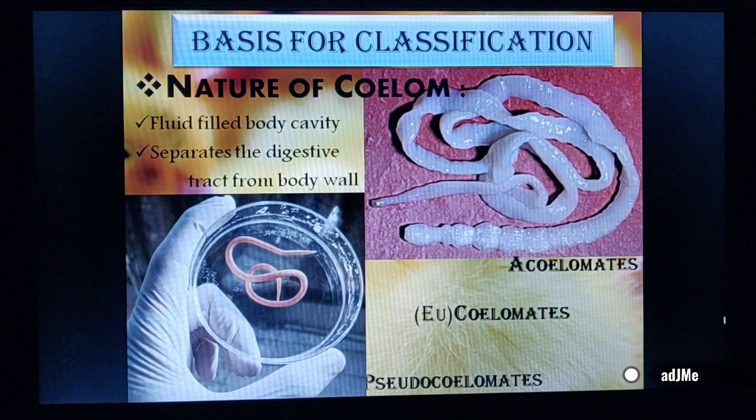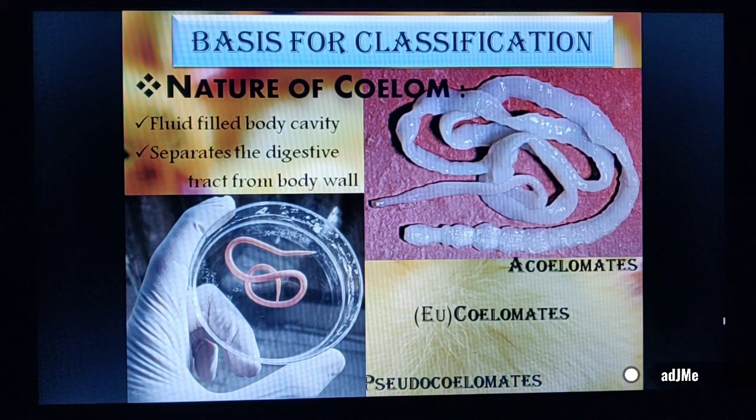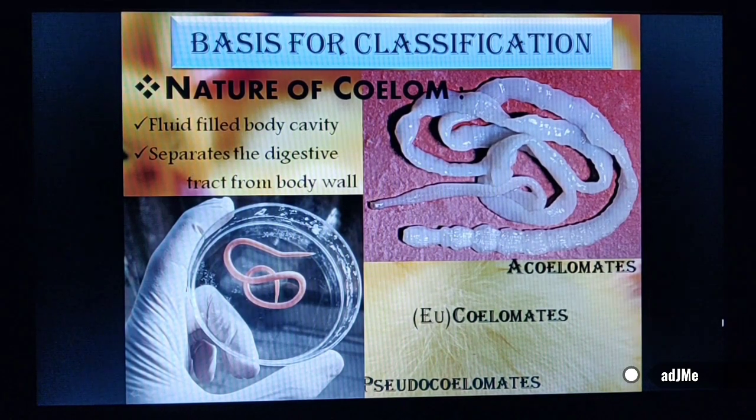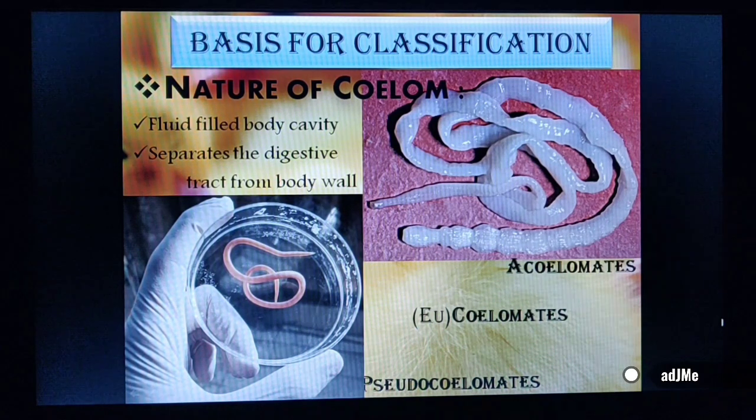You have an outer body wall, and internally a digestive tract. In between we have a gap, a space. If that space is filled with a fluid, that is called coelom, and based on the presence or absence of coelom, we classify the animals into three types.